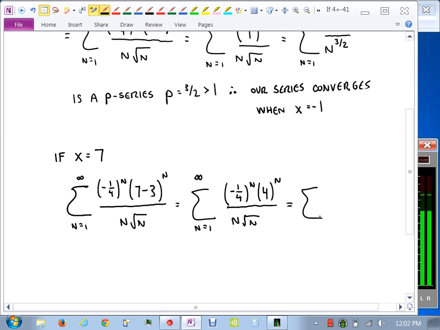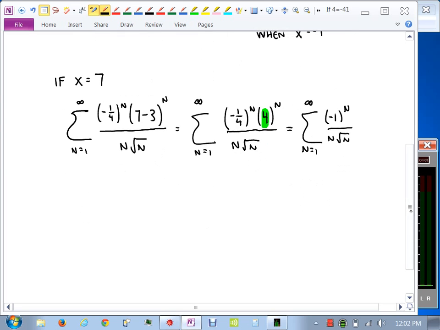Everyone see the difference there? We have a positive 4 here instead of a negative. And that means when I put it together with the negative 1/4, it's negative 1 to the n over n root n. And that is an alternating series.